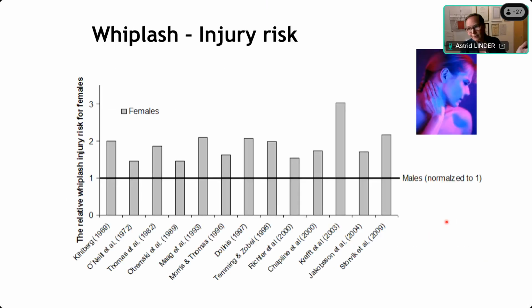And just a reminder also of the injury statistics from the 60s and onwards, showing here males and females. It's both in risk of injury and differences in odds, where the females are less well protected and have been shown to be less well protected for a long time.